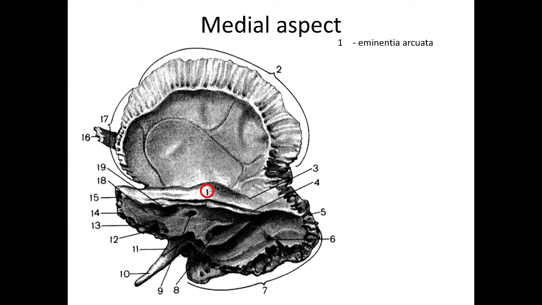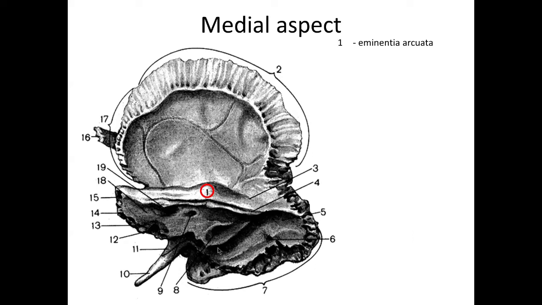And this number 1 is located on the anterior surface. It means the anterior wall of the pyramids. And this is the posterior wall.